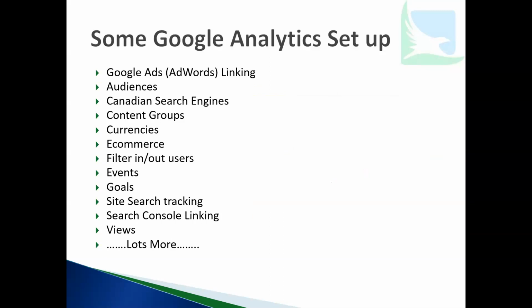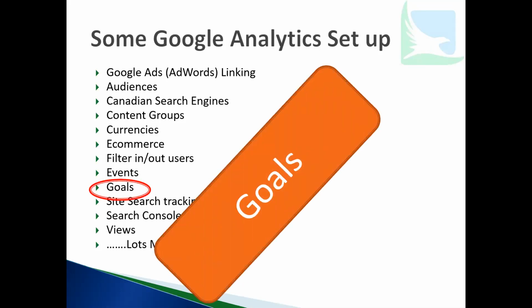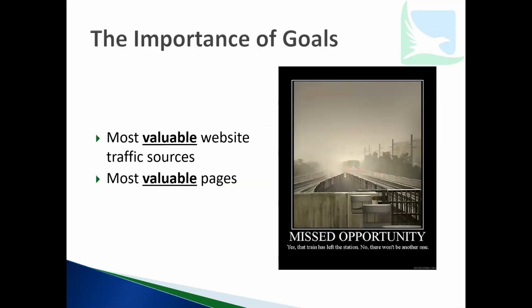So there are the settings again. What we're going to focus on is what I think is the most important one setting. In other words, if you can do one setting in Google Analytics, this is the one that I would do. It's goals. And why I choose goals is because it helps you identify what your most valuable traffic sources are and what your most valuable pages are.